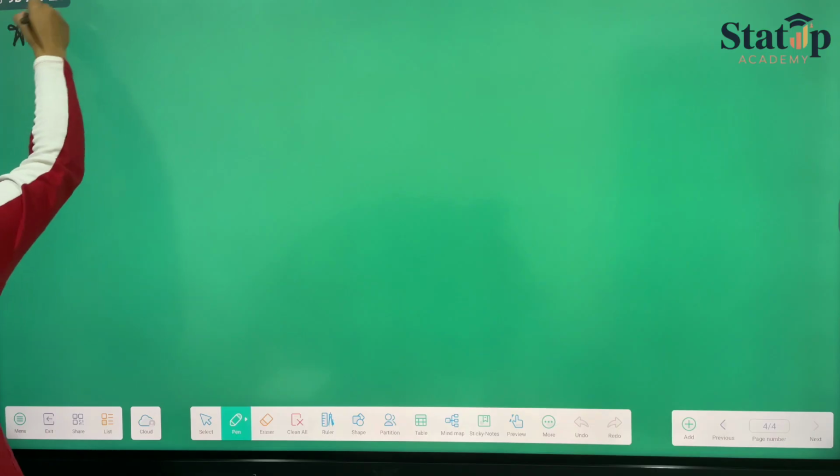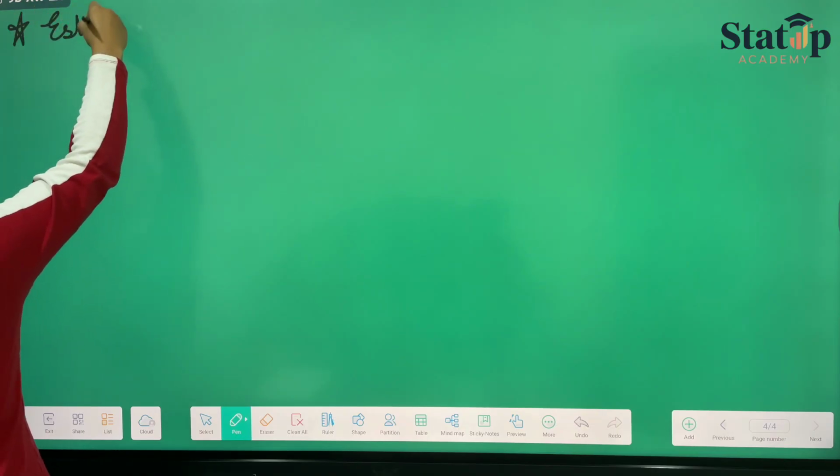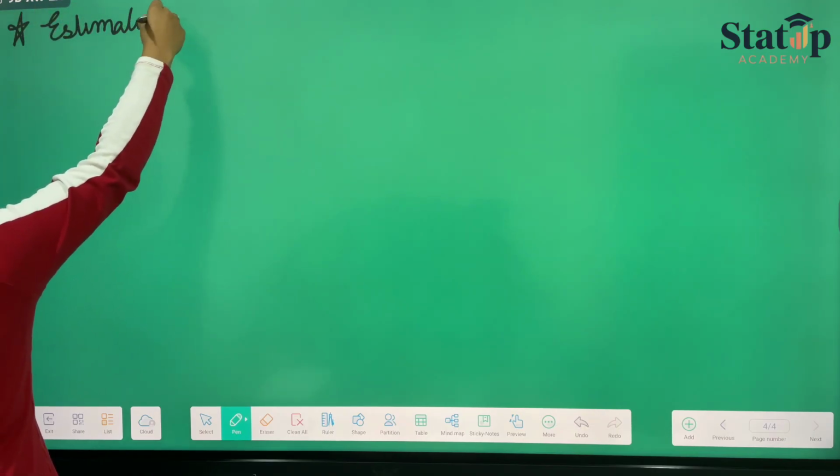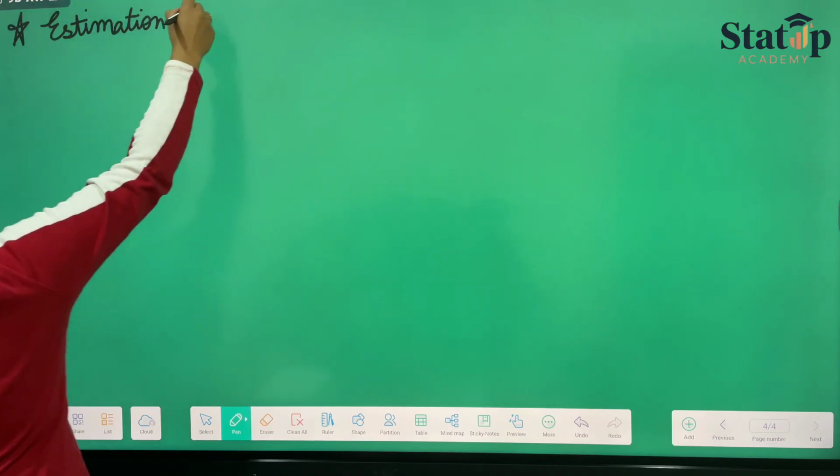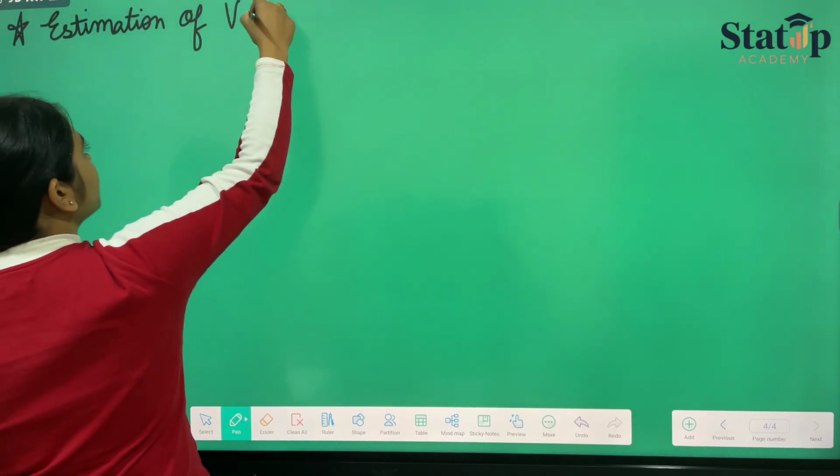So estimation, or we can say expectation, both are correct, of variance.